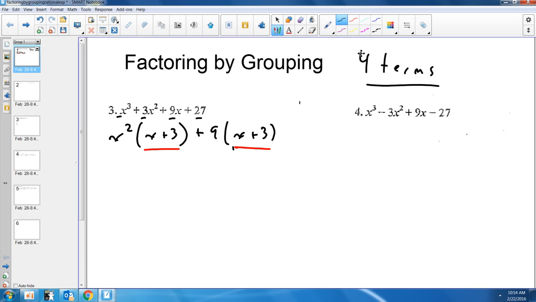So some students will wonder why the second step, this step right here, is equal to that. How can you say that x squared plus 9 times x plus 3 is equal to what's above it? The reason for that is you're simply combining like terms.